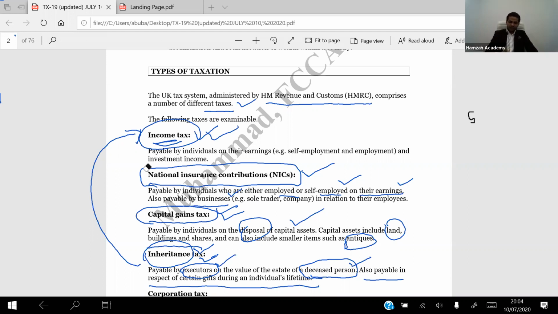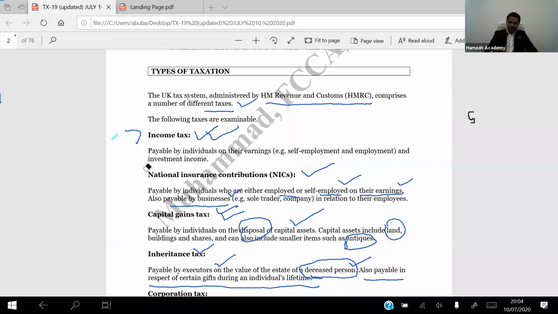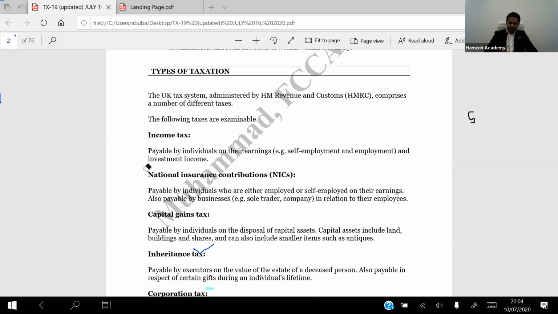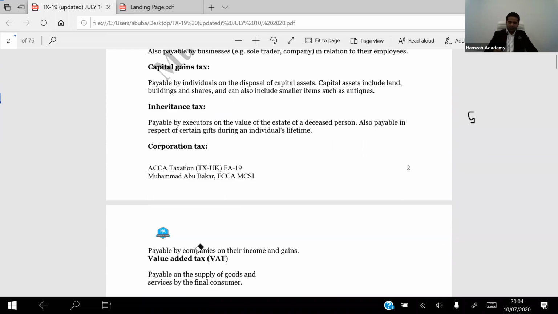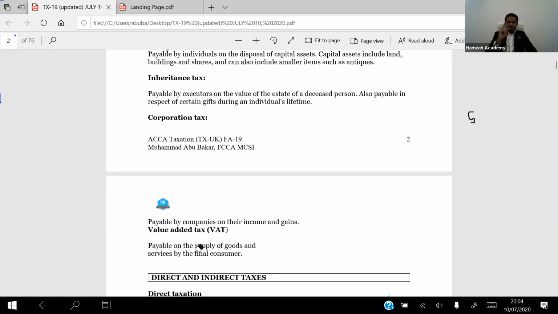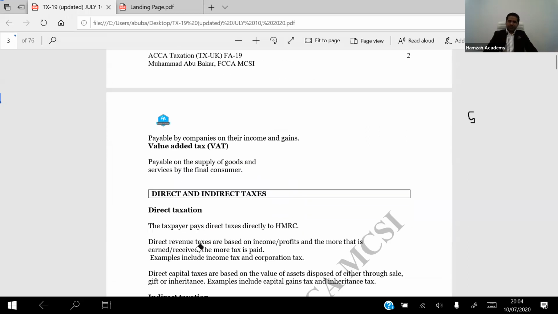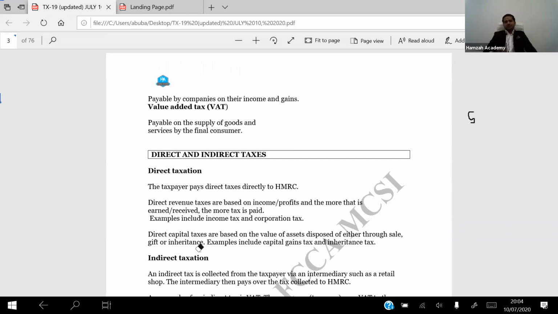So that's the most important part. Let me just go down to the corporation tax part and erase this for you guys. And then we have corporation tax. Corporation tax is very simple, I think everybody knows, it is related to companies. The companies should be paying taxes like individuals pay income tax. Now, when it comes to companies, they pay on their incomes and gains.